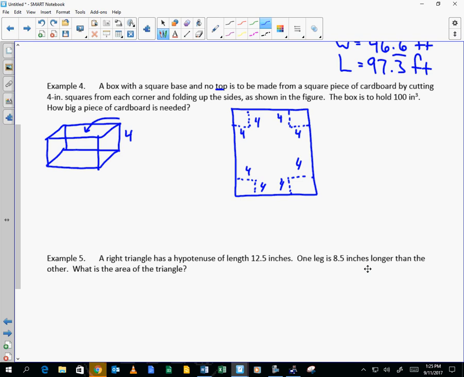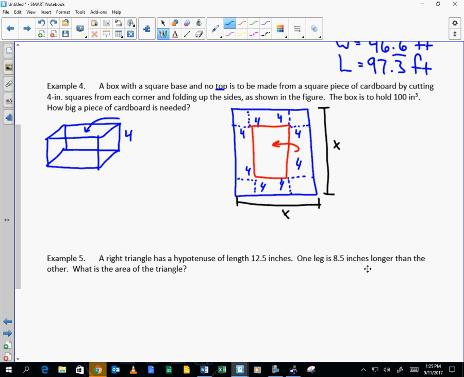Everybody agreed? So like these are going to be the edges, and when you take this and fold it up like that, it's going to be 4 tall, right? So I've got that. We don't know what this original dimension is, do we? But we do know it's the same as that.